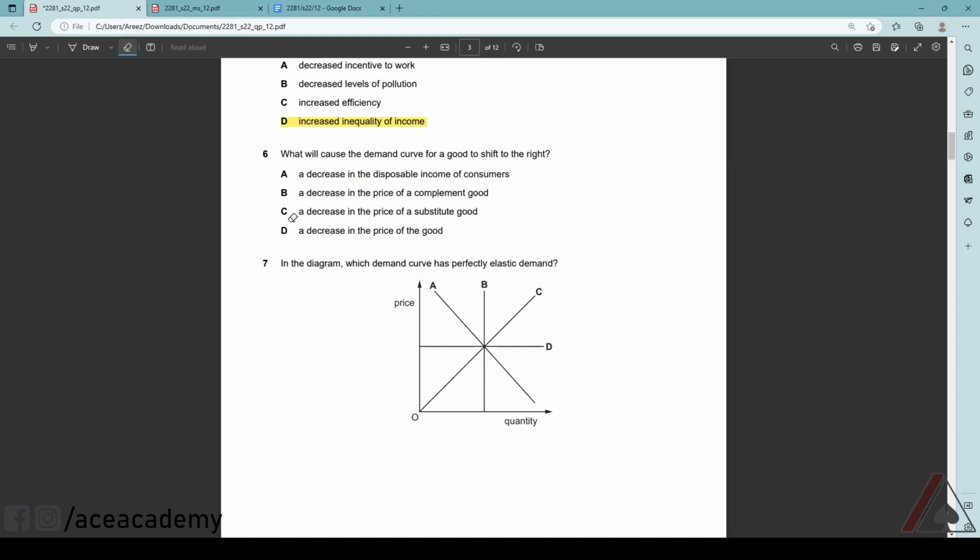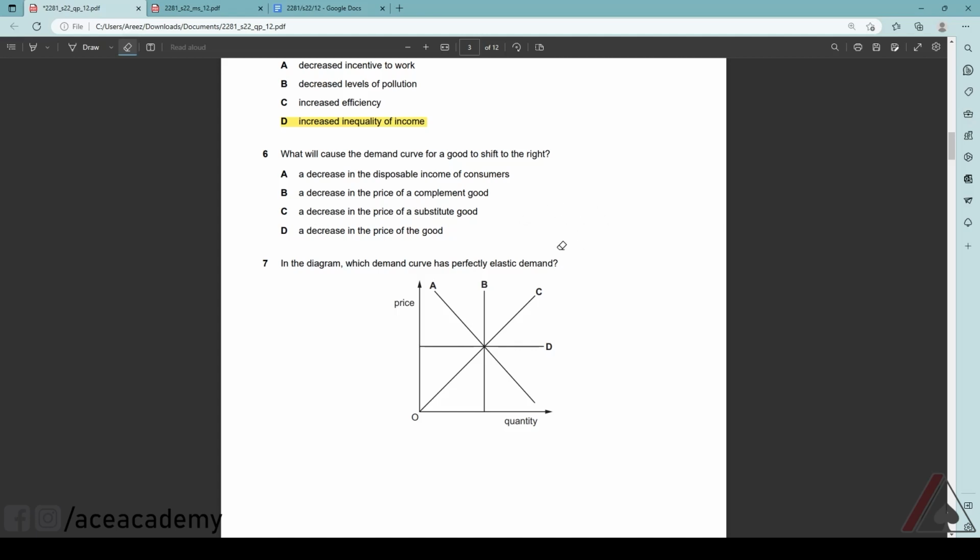Now let's move on to C. A decrease in the price of a substitute good. What is a substitute good? It's a good that would hinder the sale of the base good. If you use the same example, if your base good is tea, your substitute good might be coffee. So if there's a decrease in the price of coffee, people would want to buy more coffee.